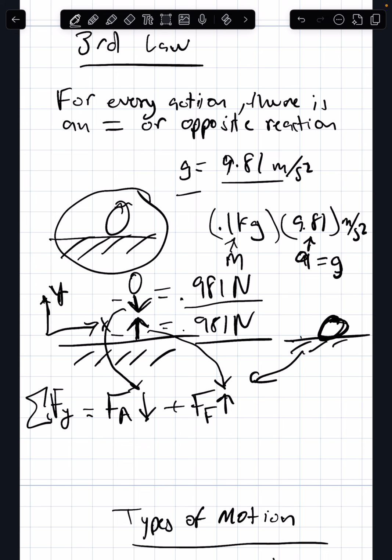So if we do our little math here, we can say, okay, FA, what does FA equal? 0.981 newtons, right? But notice that it's pointing down. This needs to equal 0, by the way. Since we have a little arrow pointing down, we can call that a negative.